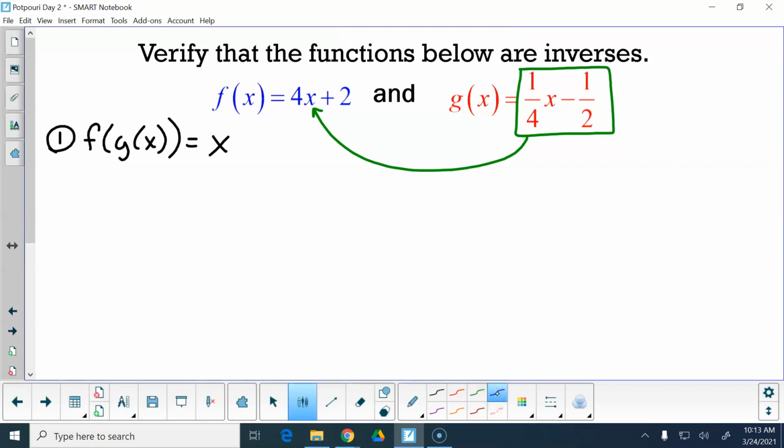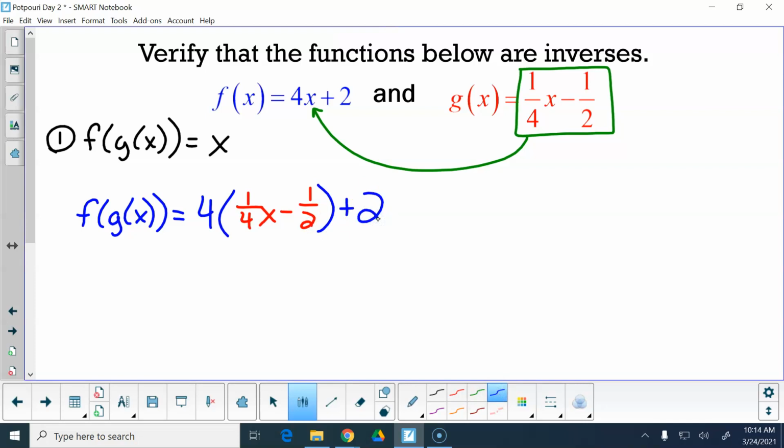So that would be f of g of x is going to be 4 times 1/4 x minus 1/2 plus 2. So I took my whole function g of x and I put it anywhere that there's an x in f.